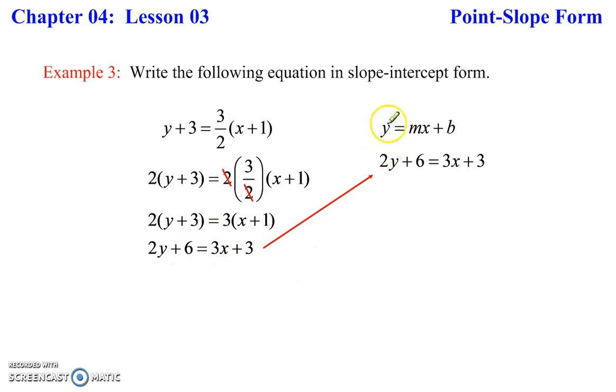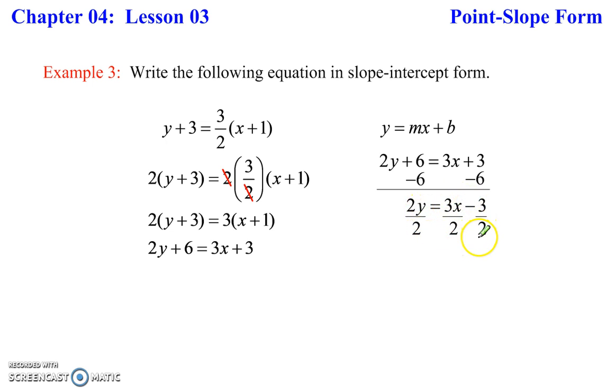Now from there, to get into slope-intercept form, remember I need to get the y by itself. So I'm going to move the 6 to the other side. Now we have 2y. At this point I'd have to go back and divide by 2. So I'm kind of undoing what I did over here again. Divide by 2. Remember you have to divide every term by that number. So then we get y equals 3/2 x minus 3/2.